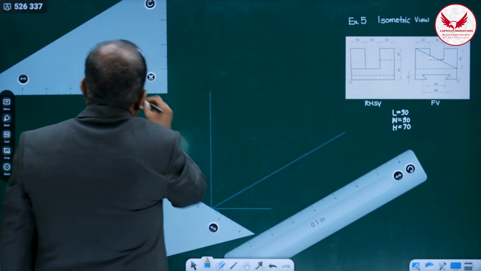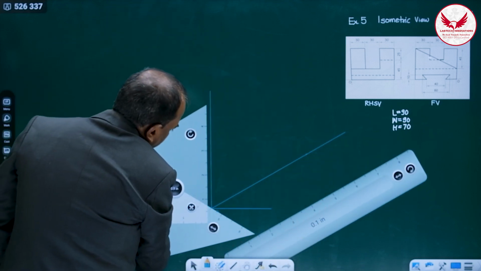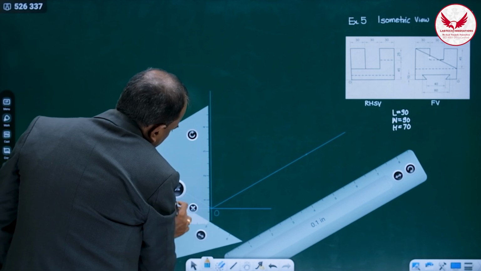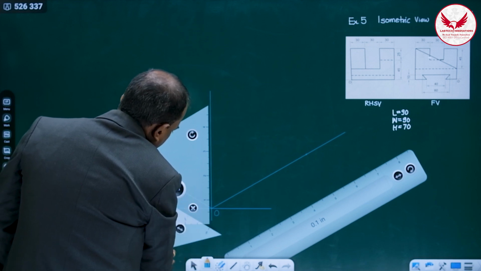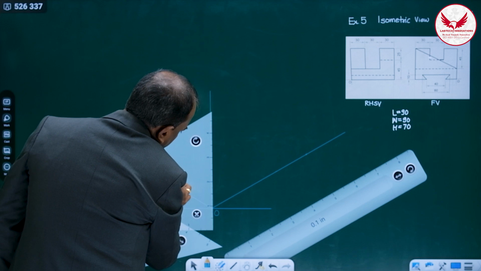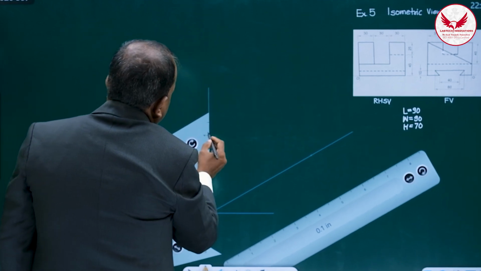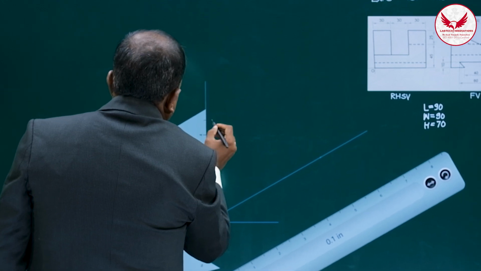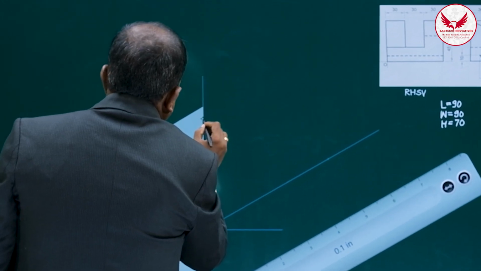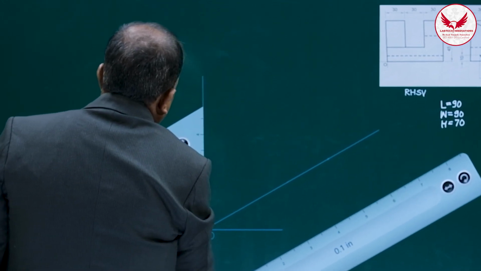And then height. Height is mentioned that it is 70: 20, 40, 60, 70. Height is very important for us.